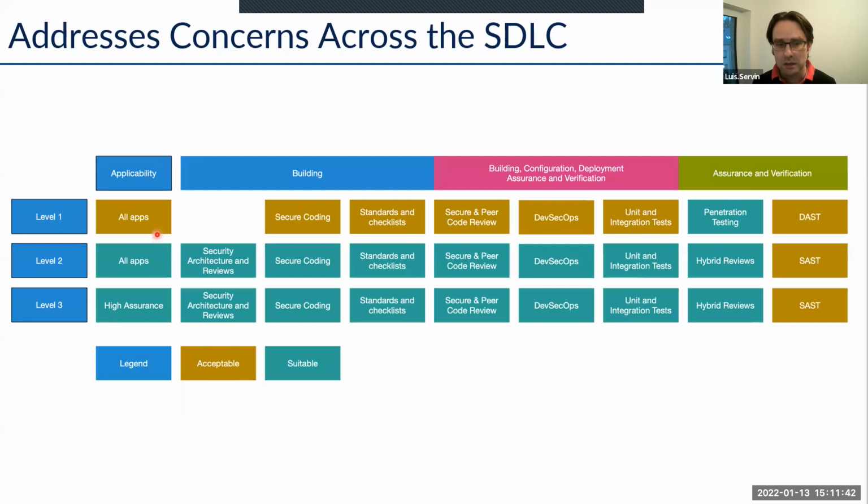Level 1 is acceptable for all these activities, and level 2 is suitable for these activities. You can see that dynamic application security testing is enough at level 1. Static is to be used starting from level 2 and 3.